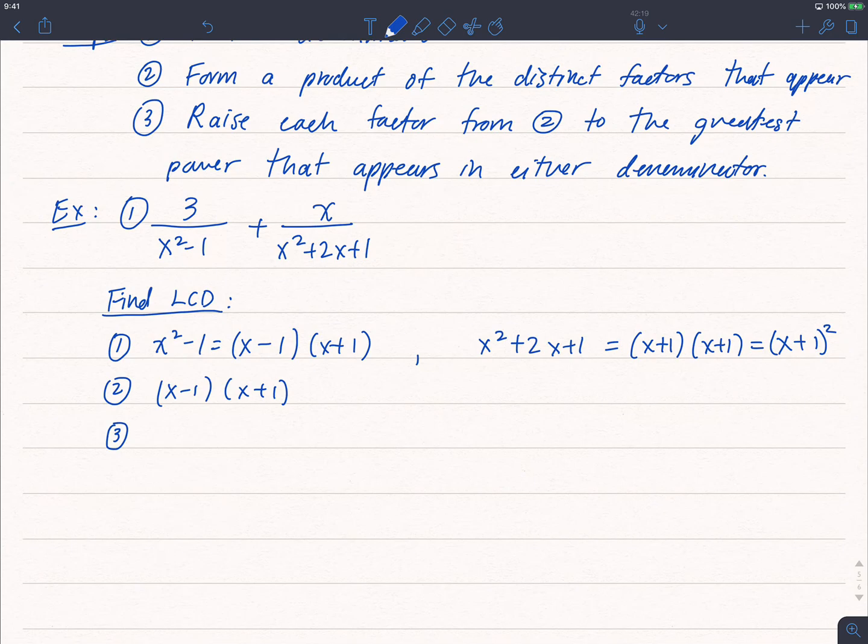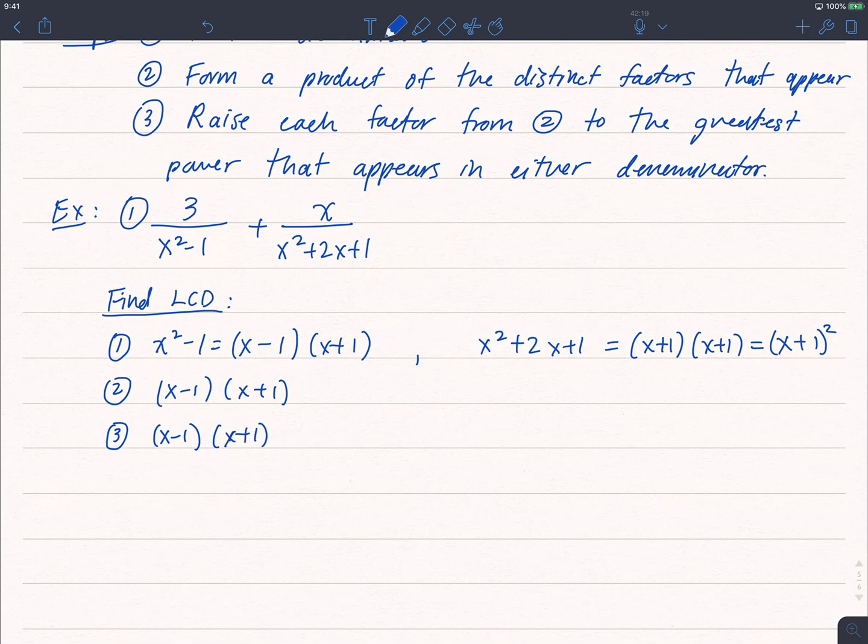And finally, I'm going to look at number 2 and raise each factor to the greatest power that appears on that factor in either denominator. So, for example, let's look at x minus 1. I'm going to raise this to a power. Now, what power am I going to raise it to? Well, x minus 1 only appears in the first denominator, and so the highest power that x minus 1 appears in either is just 1, so that gets left alone.